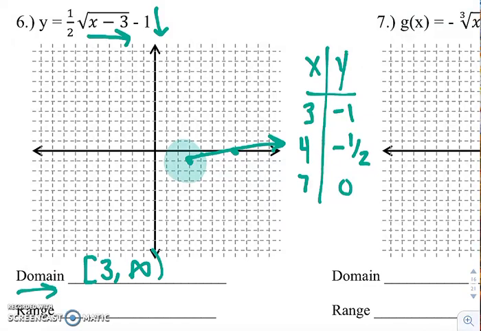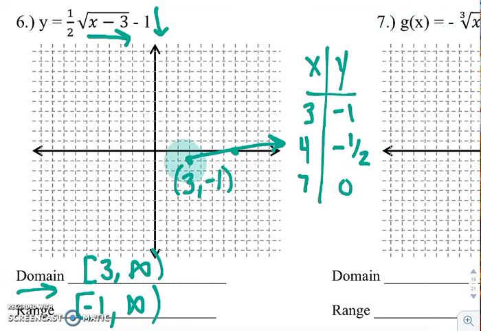The range is going to start at the y value of this point, and it's going to go up. Slowly it goes up, but it still goes up. So our range is going to be -1 to positive infinity.